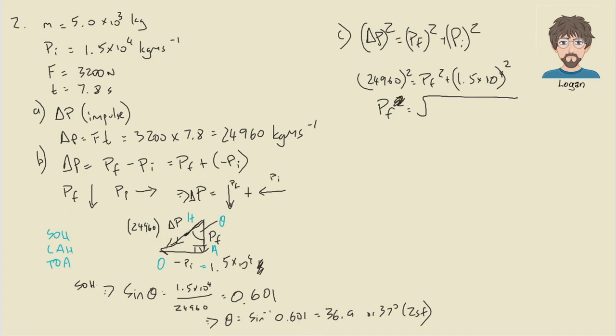PF equals the square root of 24960 squared plus 1.5 times 10 to the 4 squared. Now try it. I've done it again. It's not plus, is it? It's minus.